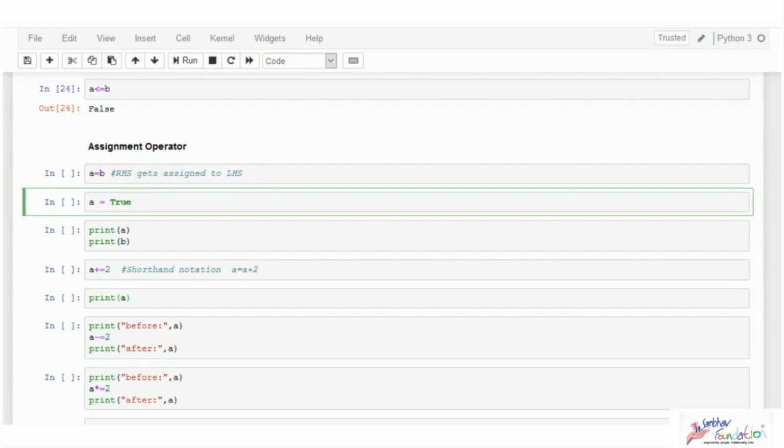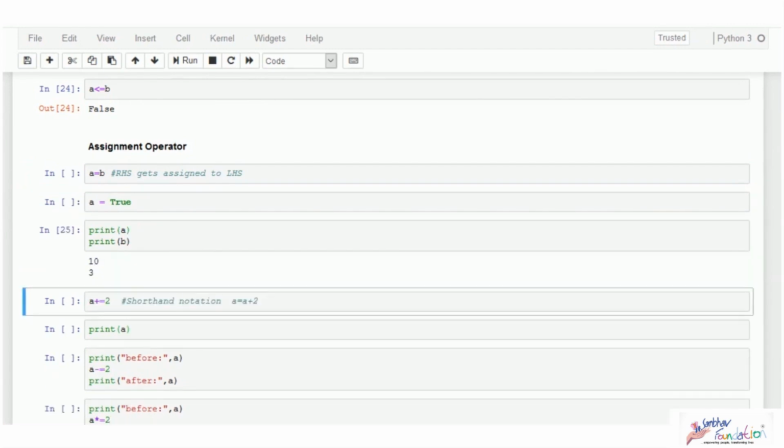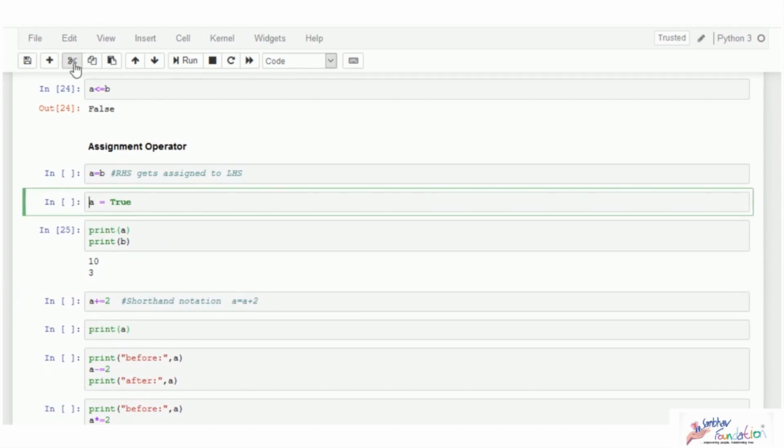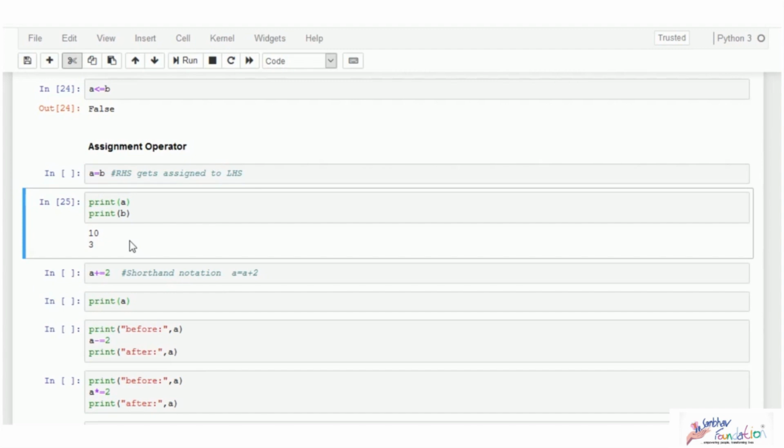So let us check once what are the current values of A and B. It is 10 and 3. So far we have just been using A and B to perform different operations, but we have not modified the values in them. So A and B remain 10 and 3 respectively.